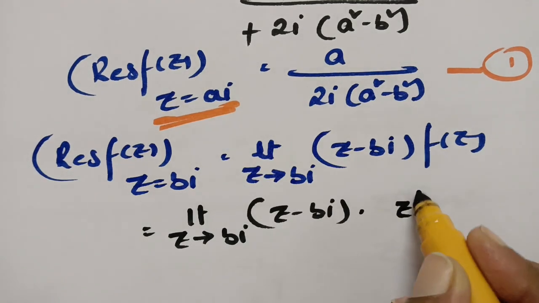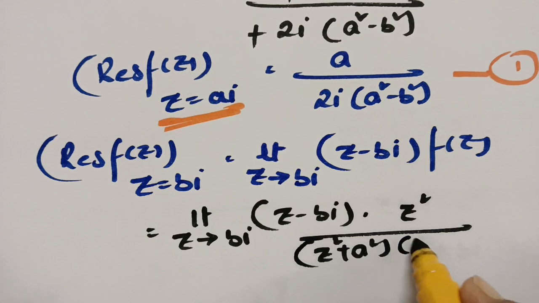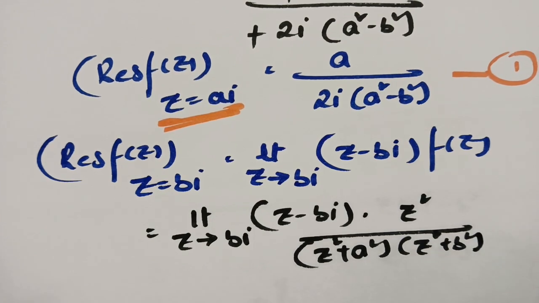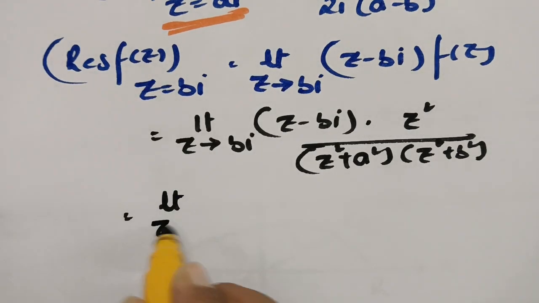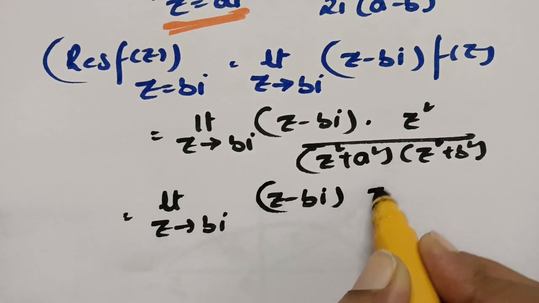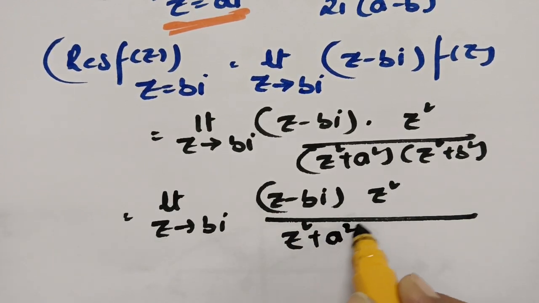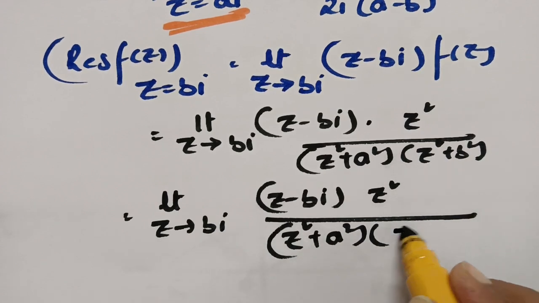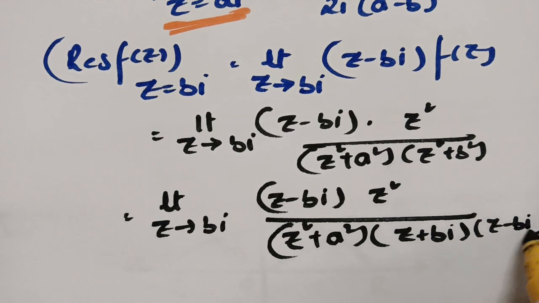So z square plus b square can be split as z plus bi and z minus bi.